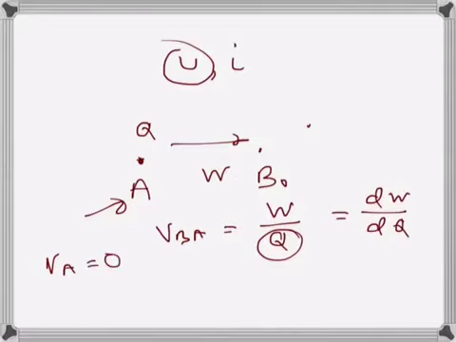In that case, if the work done to move q amount of charge from A to B is W, then VB, because VA is 0 anyway, VB minus VA, is equal to dW over dQ. Basically it's the difference: the work done to move the charge from one point to another is the potential difference, or the potential difference is the work done.